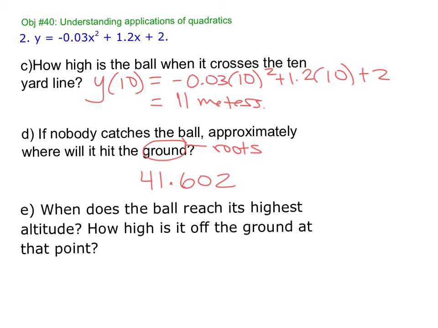When does the ball reach its highest altitude? So we figured that out too. So when, that's our X value, right? That's a time. So at 20, I'm guessing seconds. Let's go back. Okay, so this is a poorly worded question. I went back and reread it. So the X is the number of yards.